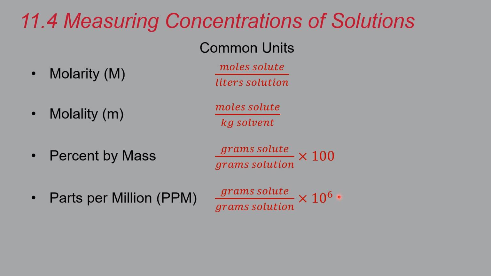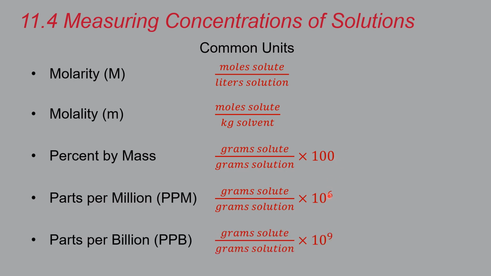And this is used for much more dilute solutions than percent mass is used for. And lastly, parts per billion, again, same concept, mass of the solute divided by the mass of the solution, except now we're multiplying by a billion. And so this concentration unit is made for ridiculously small concentrations.